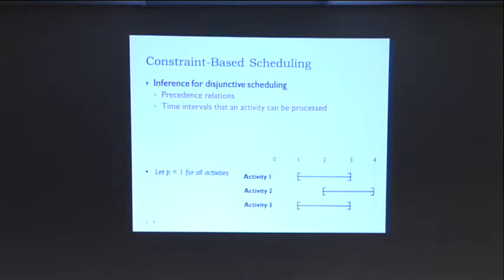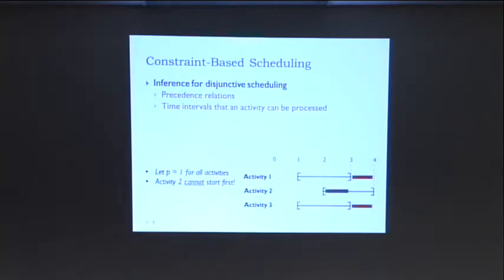Now, I'm going to give a very simple example of a type of inference that you can do. Suppose that you have three activities. Two of them have release time 1 and deadline 3, and one has release time 2 and deadline 4. And the processing time, we assume, is 1 for all activities. One thing that you can immediately deduce is that activity 2 can never start first. Why?